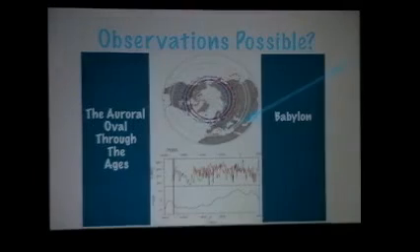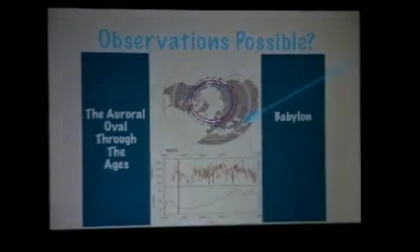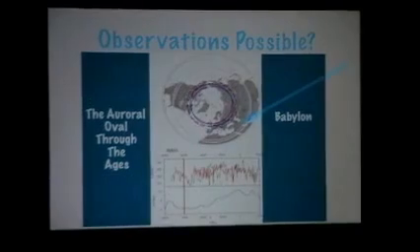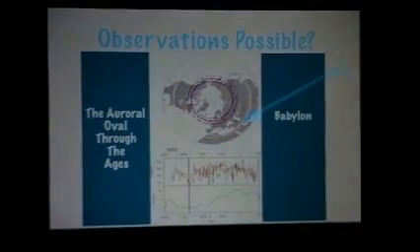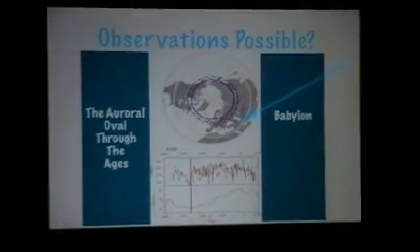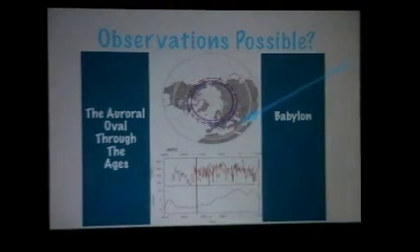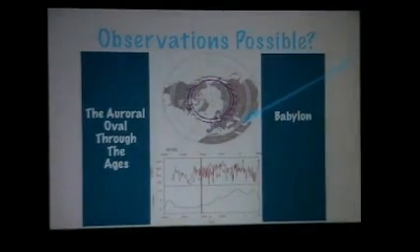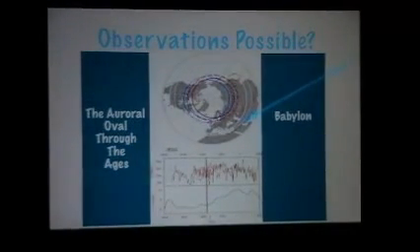You can see where Babylon is, and you can see some of the outer limits of where you might expect to see auroral activity. Here down below, we have an indication of what auroral activity might be over a period of almost 10,000 years. Basically the record is derived from other sources as well.